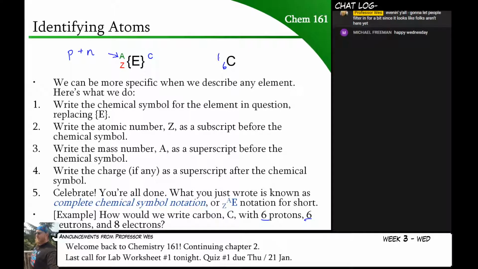So that's going to be my mass number that goes up here. And then looking at 8 electrons, I need to consider what the difference is between the number of protons and the number of electrons. So if I have 6 protons and 8 electrons, and I combine those two together, the result I get is -2. Positive 6 and -8 added together are -2. So I would indicate that like that.